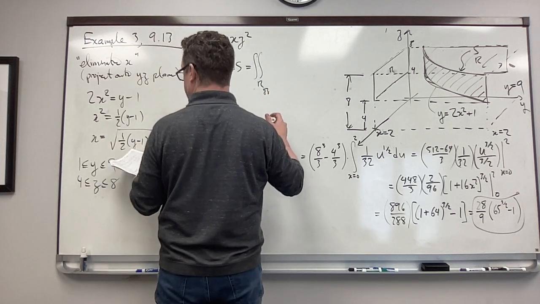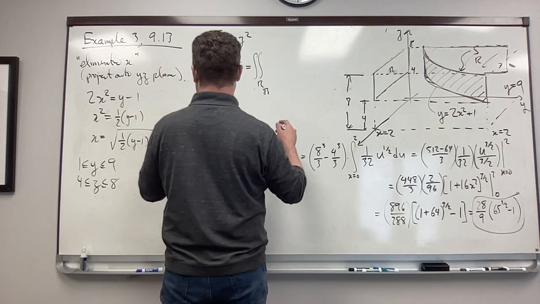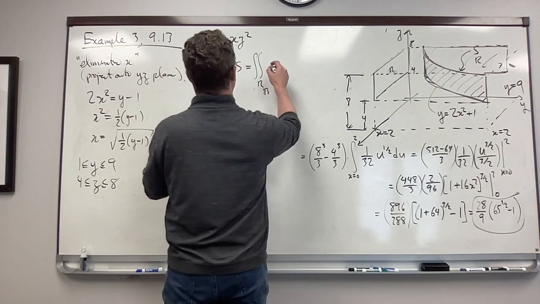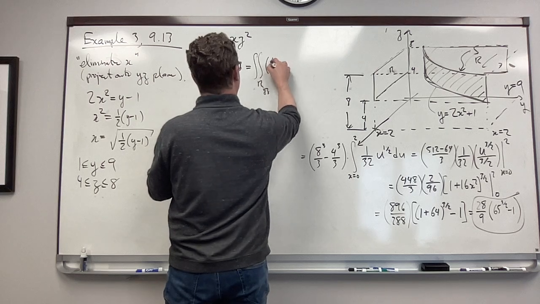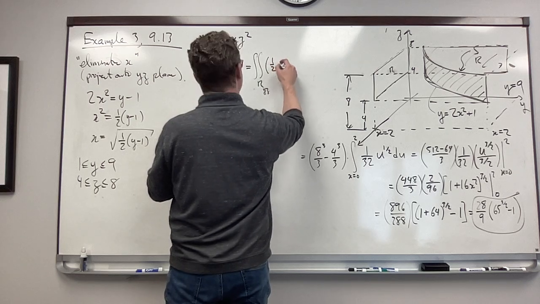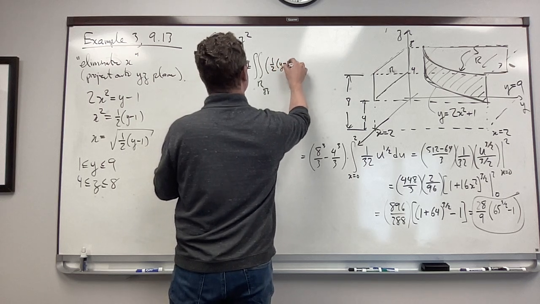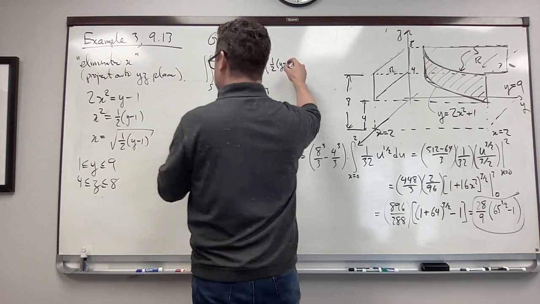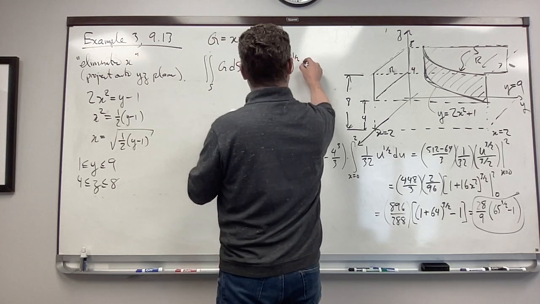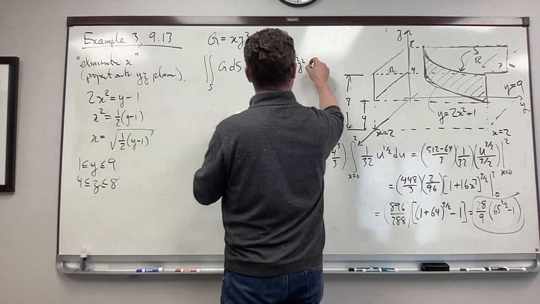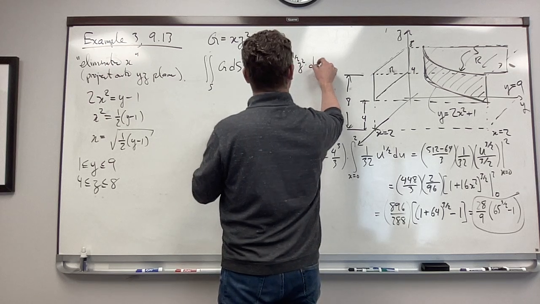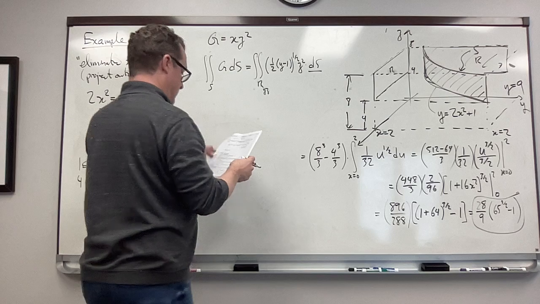So now I've got x z squared, so I've got to say, first of all, it's 1/2 y minus 1/2 to the 1/2 z squared. And then I'm just going to leave it. I'm going to write ds for a second. I'll just expand this for a second.